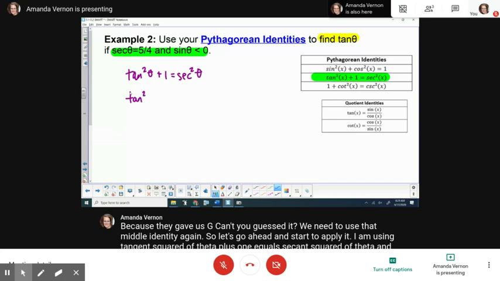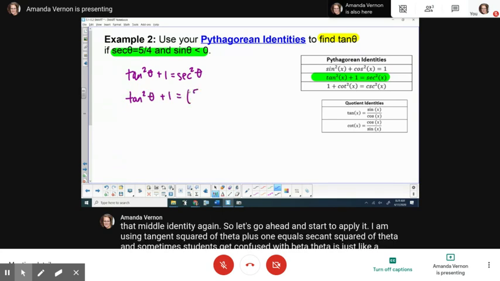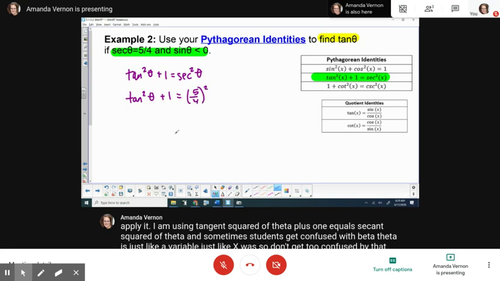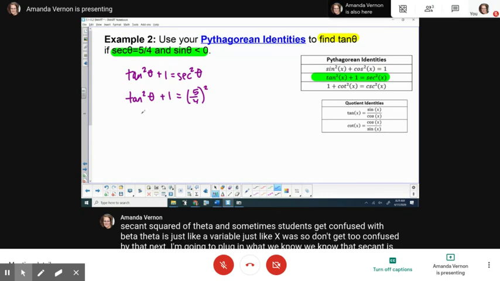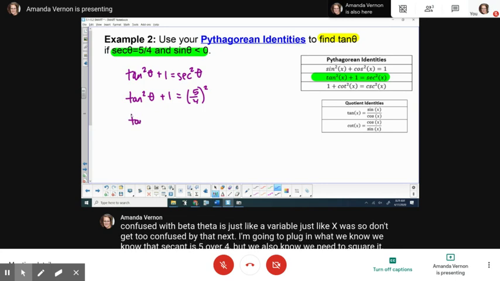Next, I'm going to plug in what we know. We know that secant is 5 over 4, but we also know we need to square it. Now, I'm looking for tangent, so I need to solve for that. So I'm going to go ahead and kind of do two things at once.